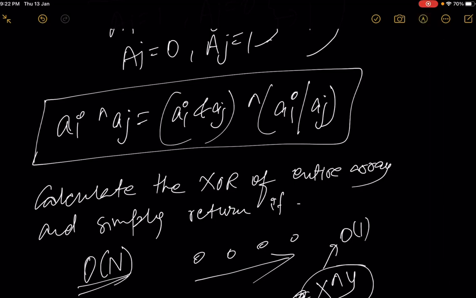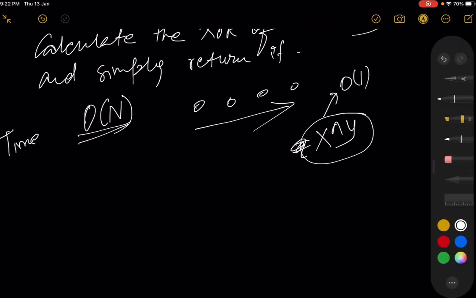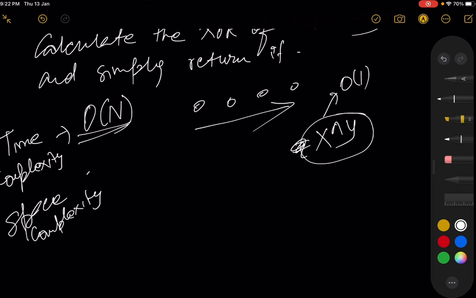So this will be the time complexity, and the space complexity will be order of 1, because we will not be using any extra variable other than a simple variable for storing the XOR of the entire array.